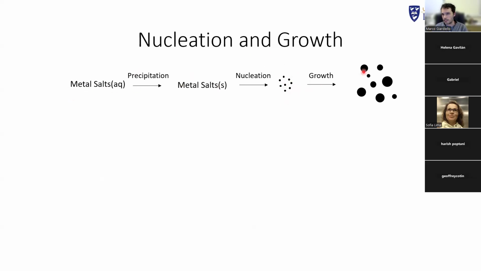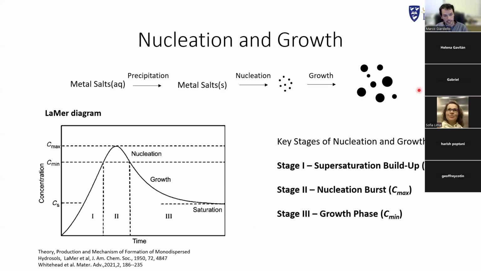So that's how particles are made, and it's this that you need to tune when you're starting to do your synthesis. It follows the LaMer dynamics of nucleation and growth, a very well-known process, where essentially, as your concentration builds up, so you start off with your iron chlorides or your iron salts, but this is the same if it was gold or anything else, and they're all aqueous.